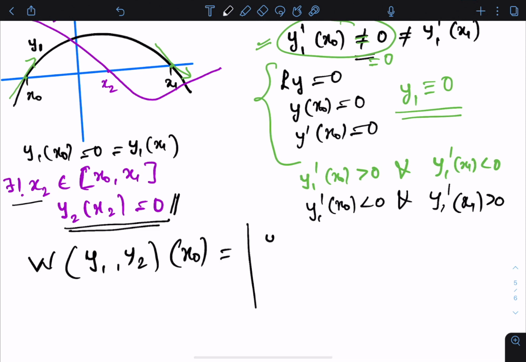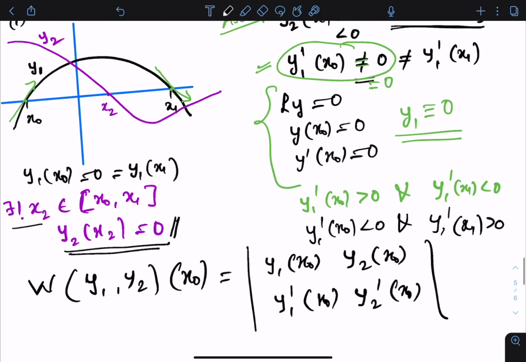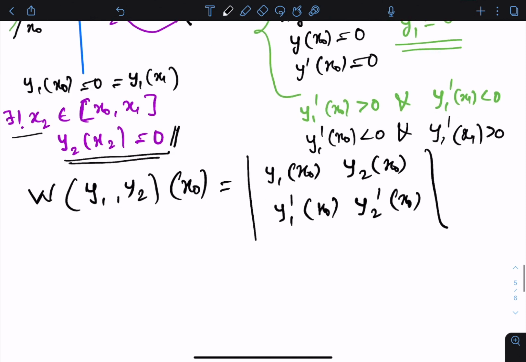It is the determinant with y1 x0, y2 x0 in the first row, and y1 prime x0, y2 prime x0 in the second. Now y1 x0 is 0, y2 x0 is something which we don't know, and y1 prime x0 is non-zero. We have concluded that.